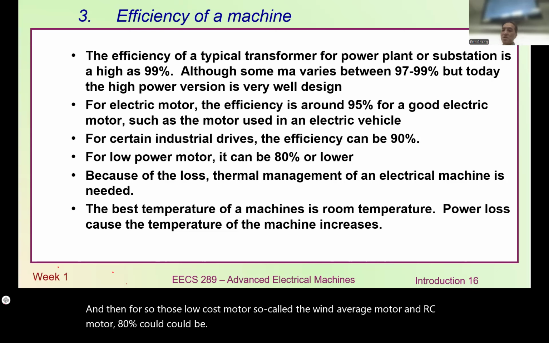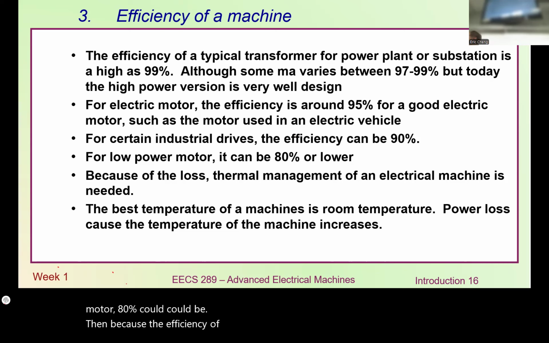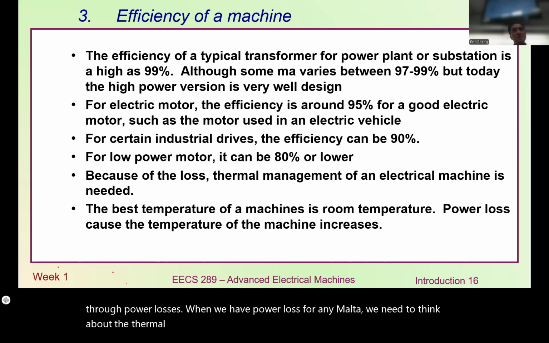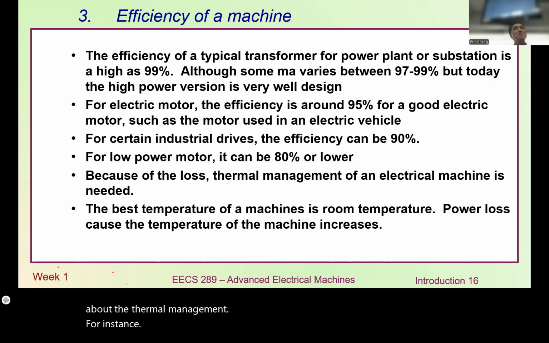Because the efficiency of a motor is not 100%, a portion of energy will go to power losses. When we have power loss in any motor, we need to think about thermal management. For instance, in an electric vehicle, even at 95%, the power loss is still really high. A Tesla motor can be 200 kilowatt, 300 kilowatt.